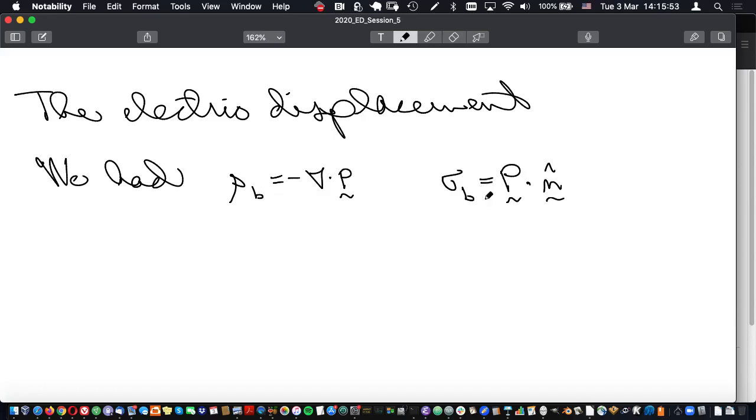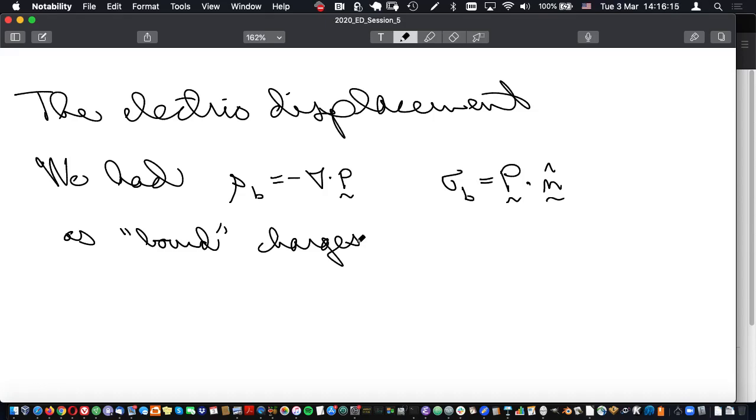So the meaning of this b here is that these are bound charges. And what that means is that these are things that you can't really remove or add with your batteries and stuff. These are things that are stuck to your material. It's your material that carries these charges.